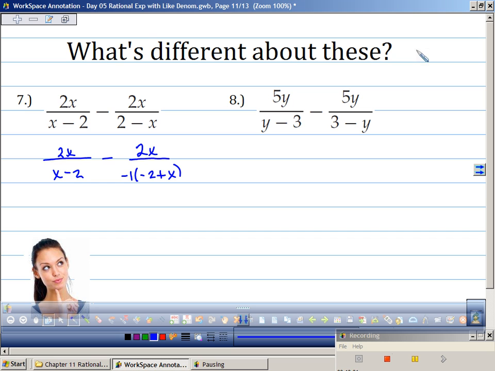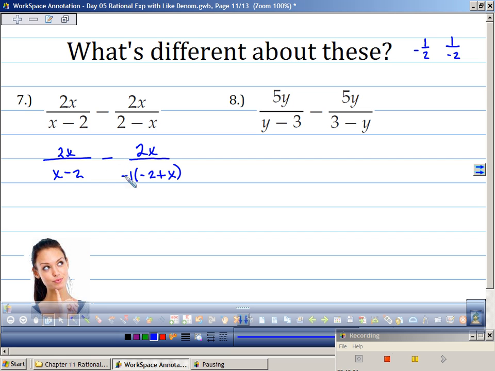Continue on. Can't I write a negative wherever I want on a fraction? Like for instance, if I had a negative 1/2, can't I write it like that or like this? So doesn't this negative, couldn't that negative go right there in front of it? Doesn't matter.